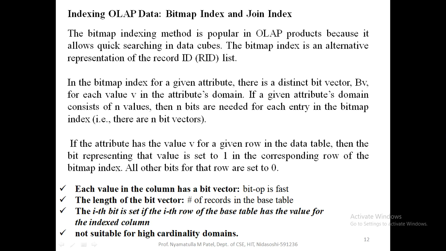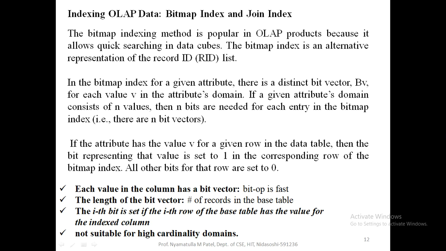Similarly, in a data warehouse where a huge amount of data is present, indexing is required, so that whenever I search for particular data, I will search the index, find the address of the data from that index, and directly access it.